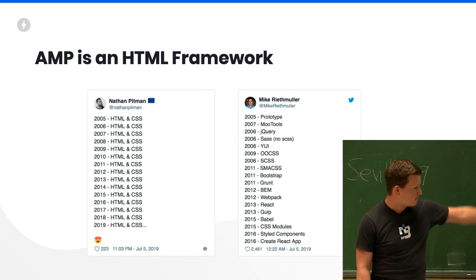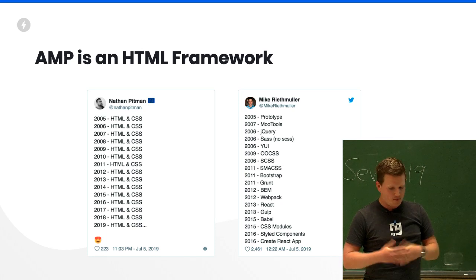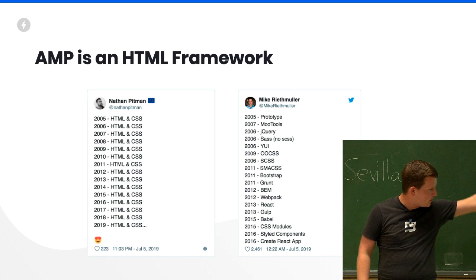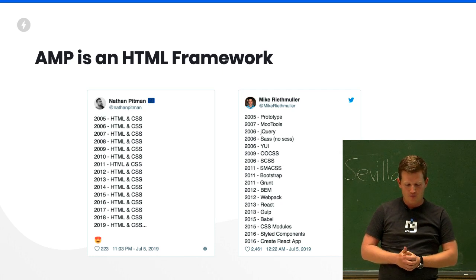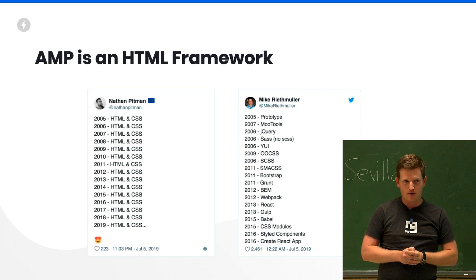New things every day. That's just a very small extract of everything that has come up, actually. So it's impossible to keep up with all of the development that happens in the JavaScript ecosystem, and especially the performance implications that each of these frameworks might have. So again, AMP is primarily an HTML framework.